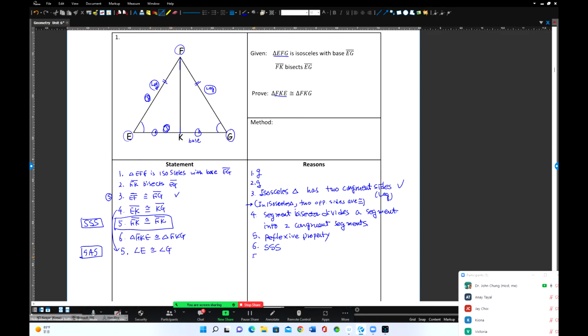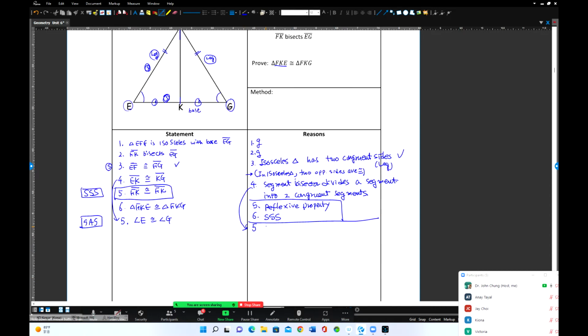Do you remember this one? Angles opposite congruent sides are congruent. To remember, right?